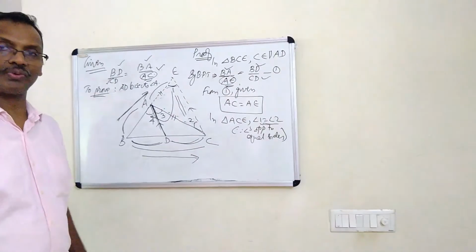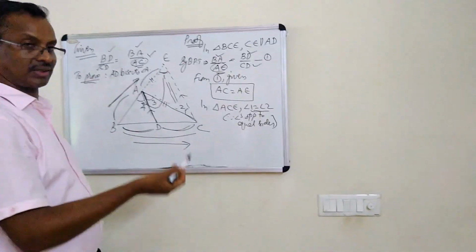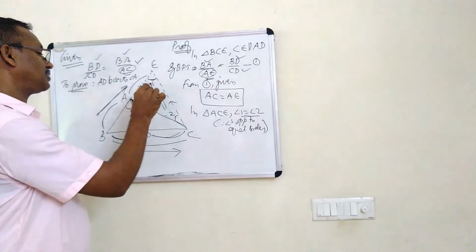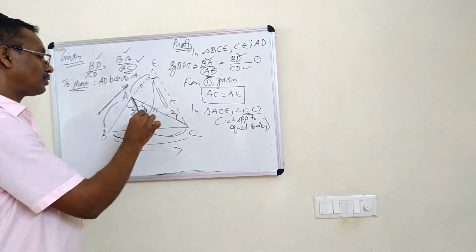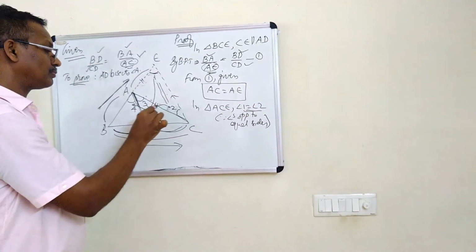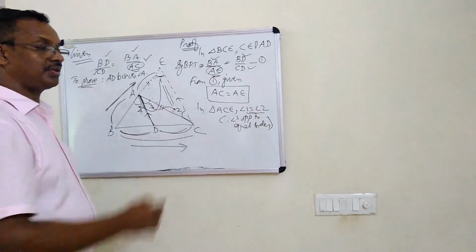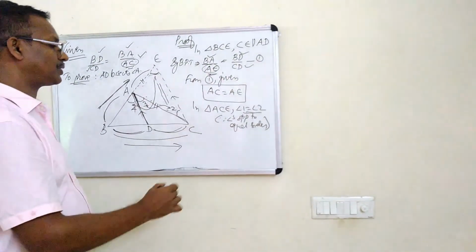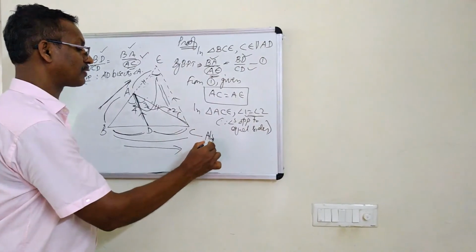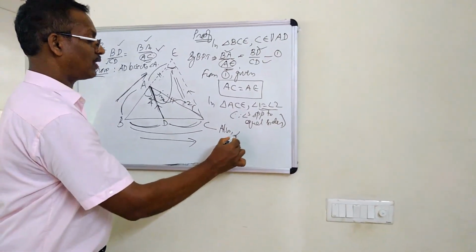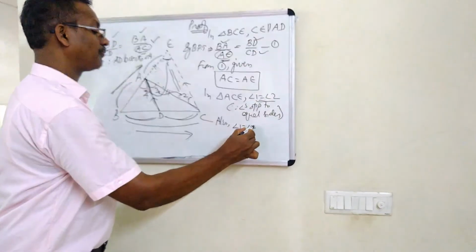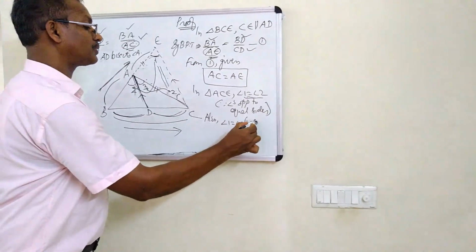Why 1 is equal to 4? Corresponding angles as we discussed earlier. So 1 is equal to 4. 3 is equal to 2. We discussed in the previous question also because of alternate interior angles. Those things we have to mention here also. Angle 1 is equal to angle 4 because of corresponding angles.